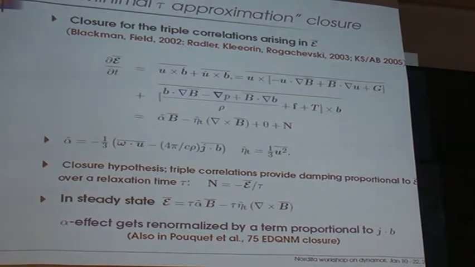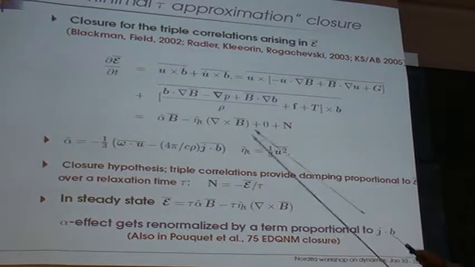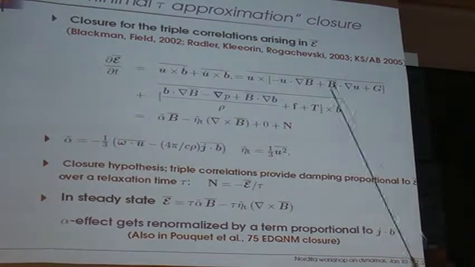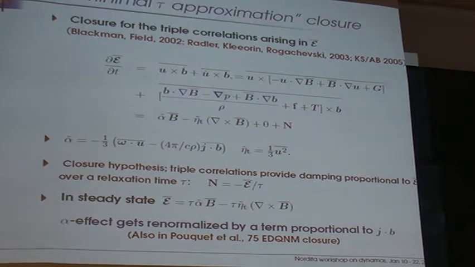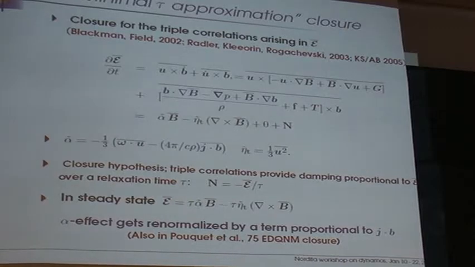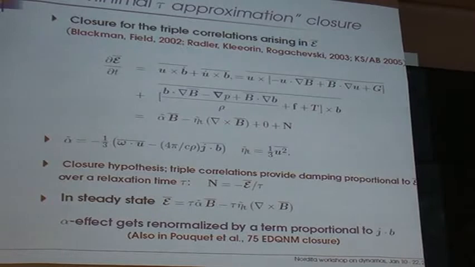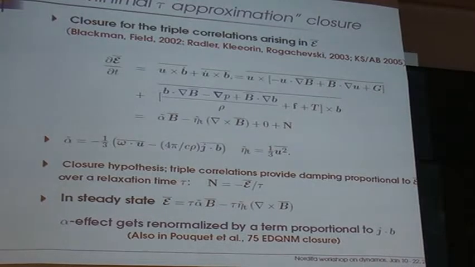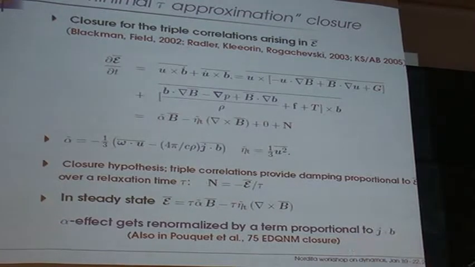Okay. What do I mean by that? The idea is that suppose there was no B bar in the system, so you imagine that there are no mean fields in the system, then in this isotropic, homogeneous situation, there should be no mean electromotive force generated. So it is the presence of this B bar which will lead to a non-zero electromotive force.